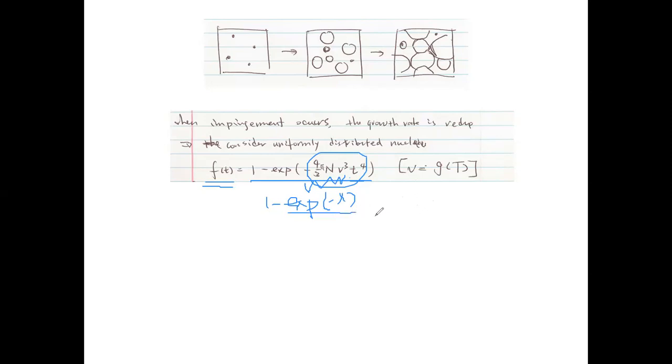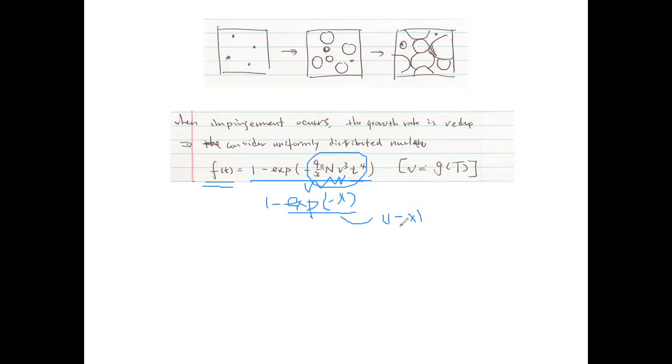Do we know what the Taylor expansion of this exponential function is when x is small? It's simply 1 minus x, plus higher order terms, but we just keep the first term. This is the Taylor expansion of the exponential of minus x when x is very close to 0.